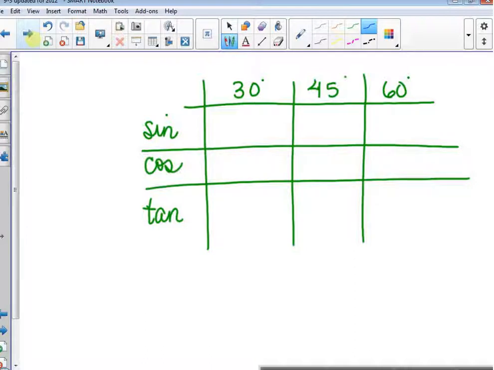If you look back at it, there was a little shortcut. Sine, it was 4 over 8 equals 1/2. This little shortcut, you go, this was radical 2 over 2 and radical 3 over 2, and then it went radical 3 over 2 for cos 30, cos 45, radical 2 over 2. Here's the shortcut, though. You go 1, 2, 3, 3, 2, 1.